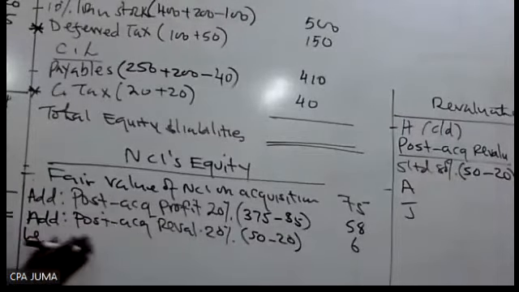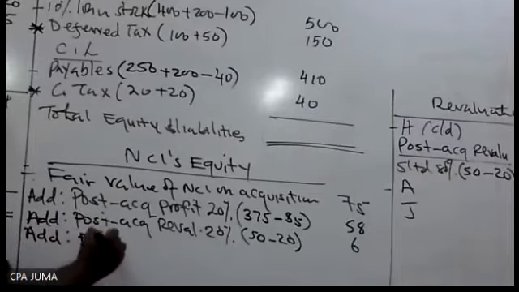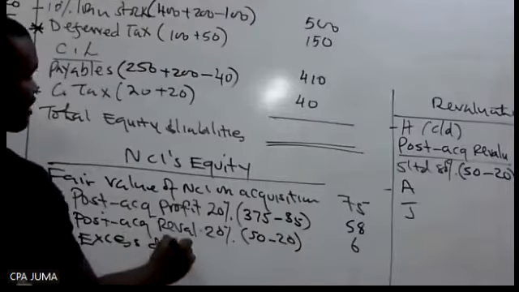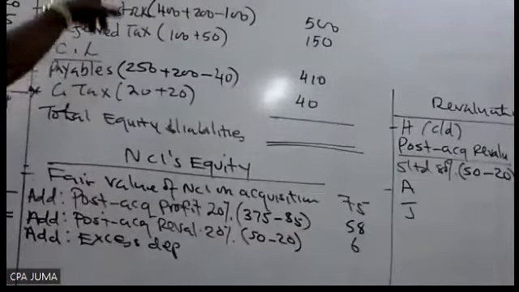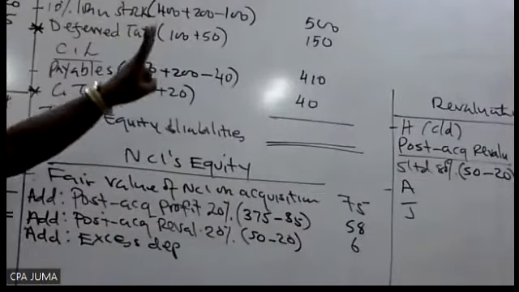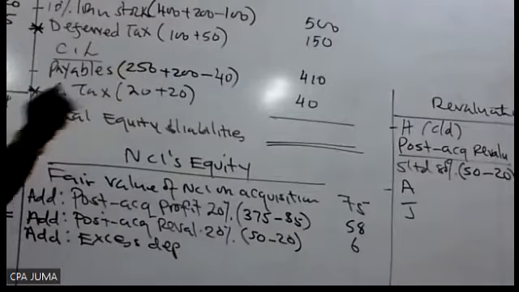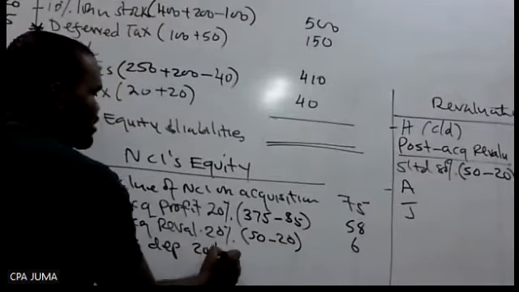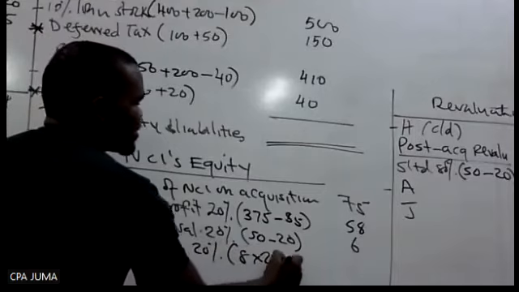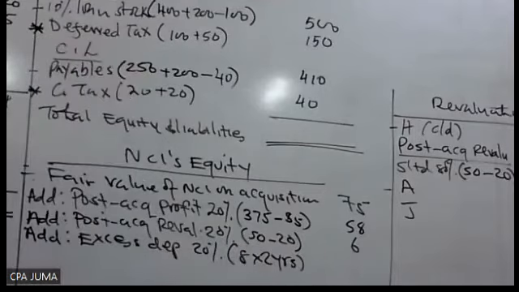So you add back excess depreciation. But you see, NCI has been there since you acquired the subsidiary. So they must have been affected for how many years? Two years. So 20% of 8 times 2 years. You must have affected them for two clean years. They have been there since the date of acquisition.